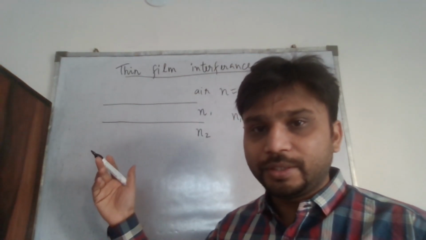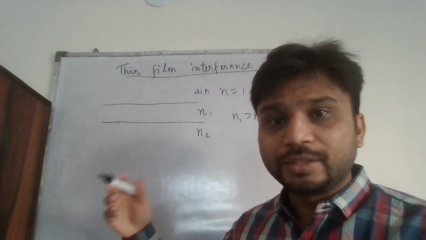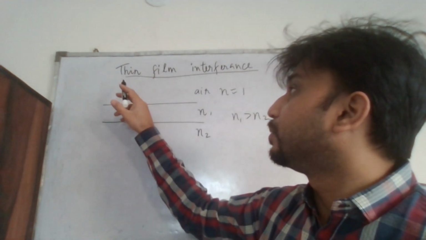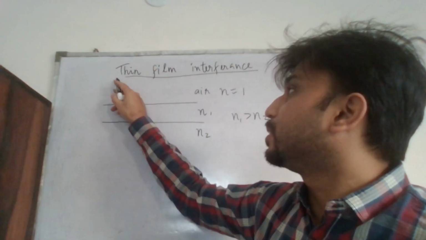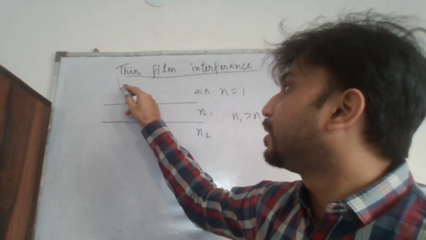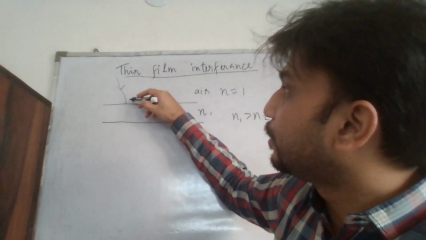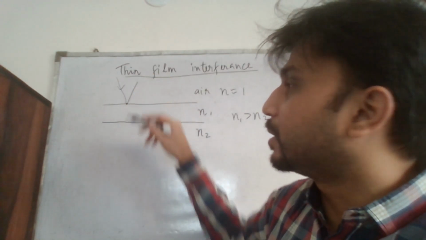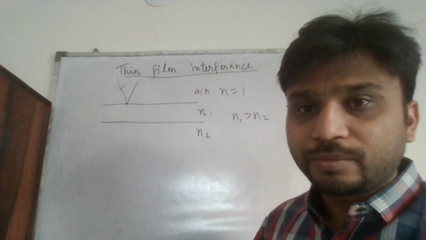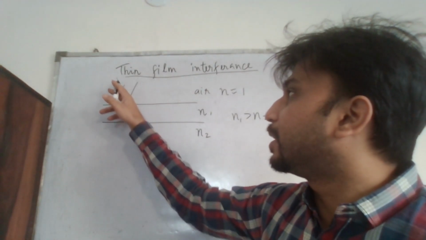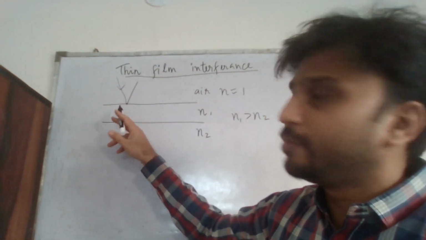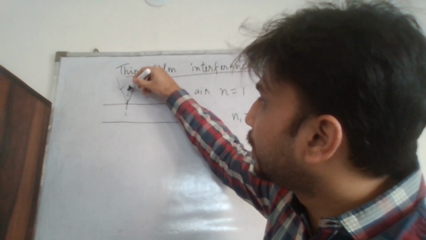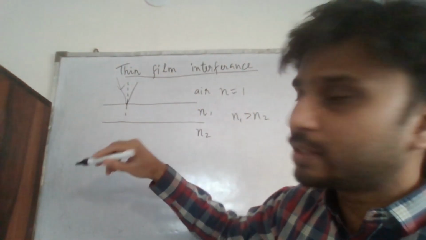Thin film interference is the phenomenon that we observe when some rays of light get reflected and refracted from this first surface. So rays of light are coming like this. This is the incident ray. It will get reflected from the first surface.